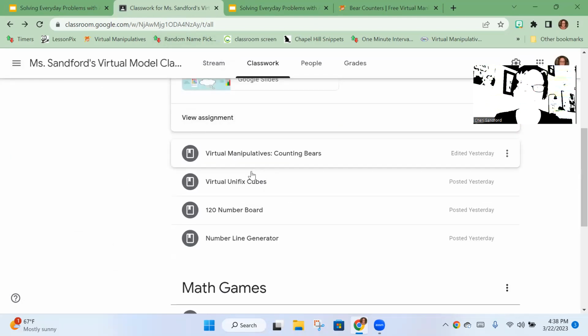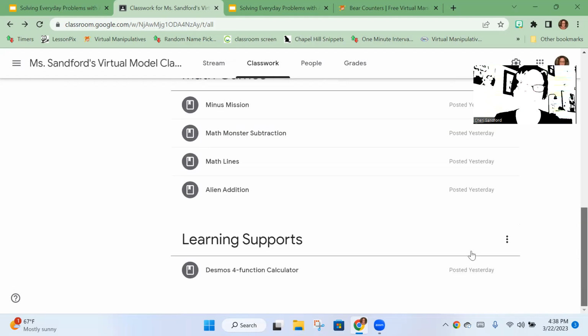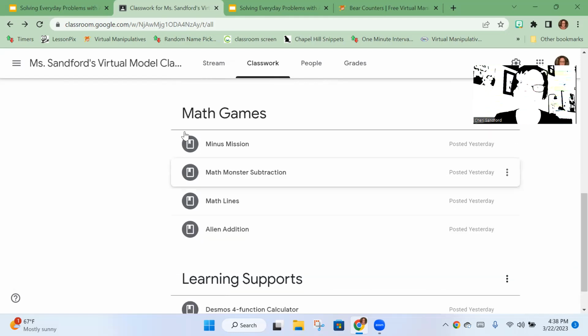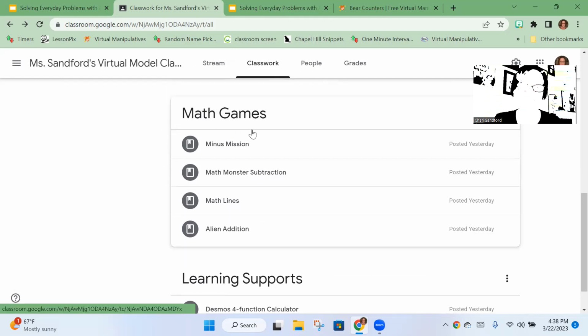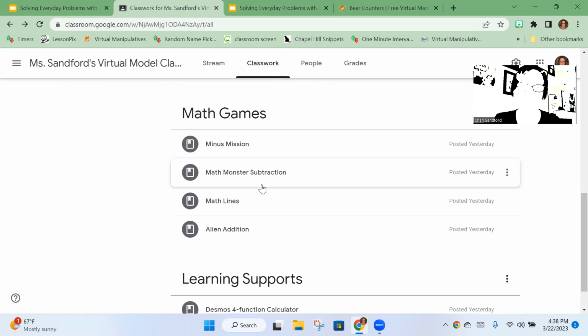Various supports would be available, including those like the Desmos 4 function calculator that might be necessary as accommodations in an IEP. And there would also be assignments for if students finished early, they could work on math games that would reinforce the same skills.